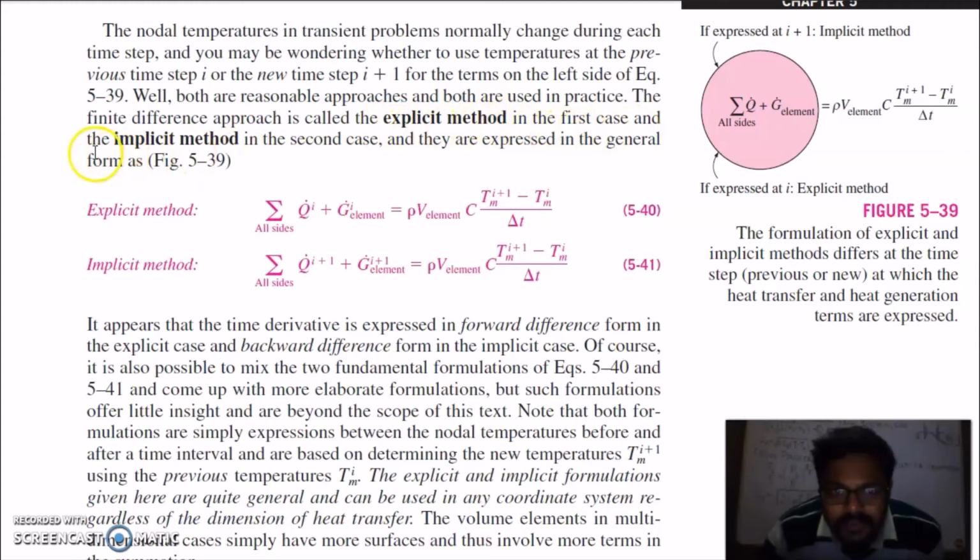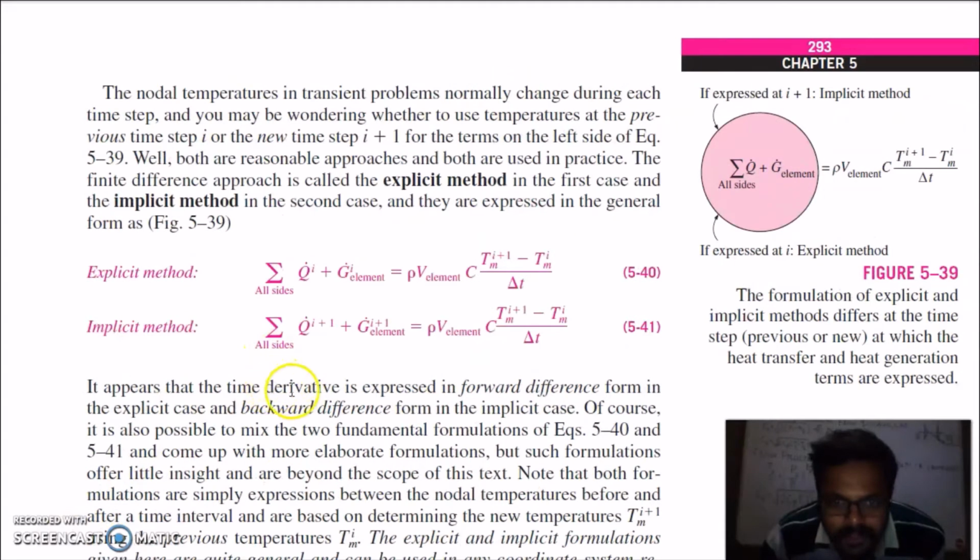In the explicit method, the time derivative is expressed in forward difference form, but in the backward difference form for the implicit method.